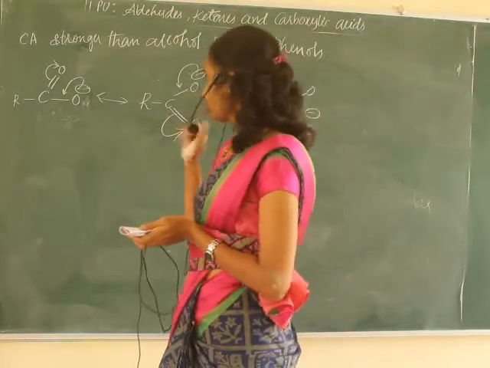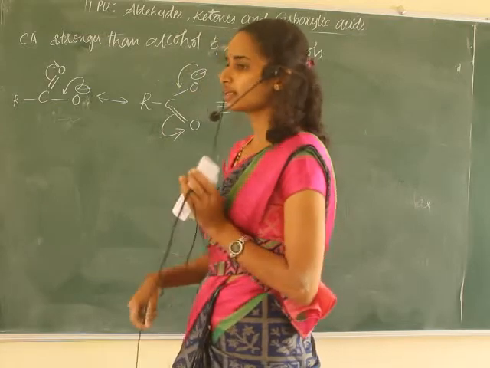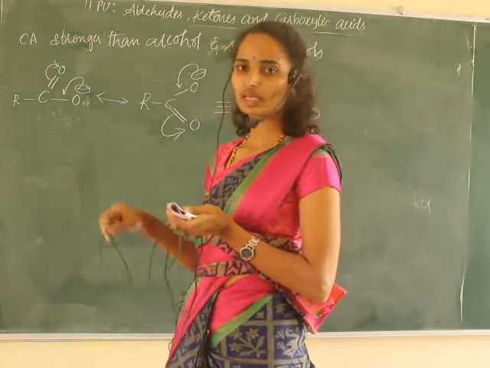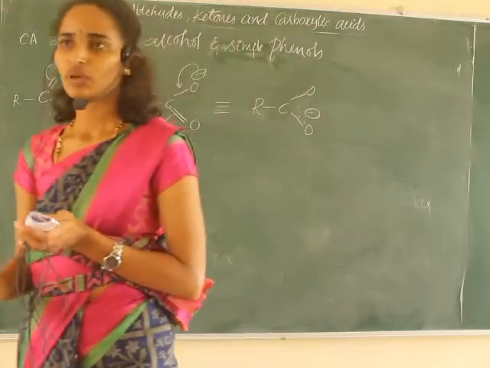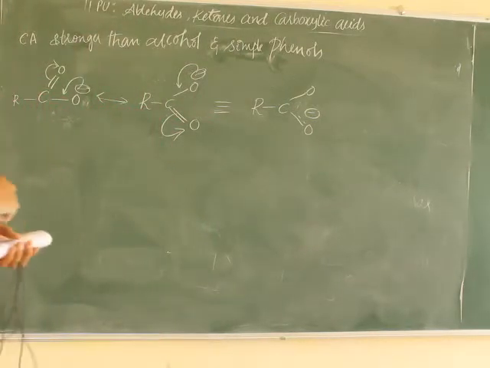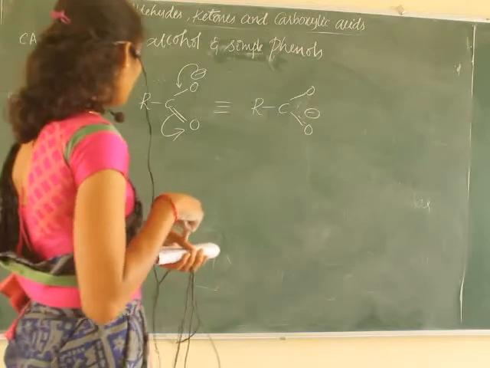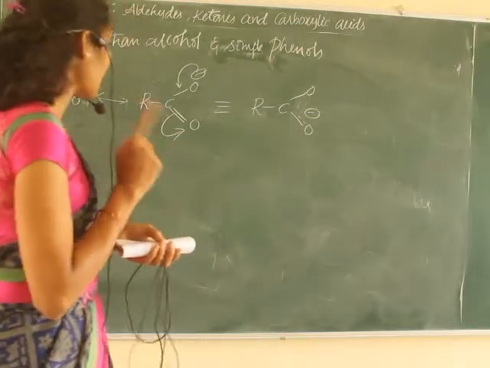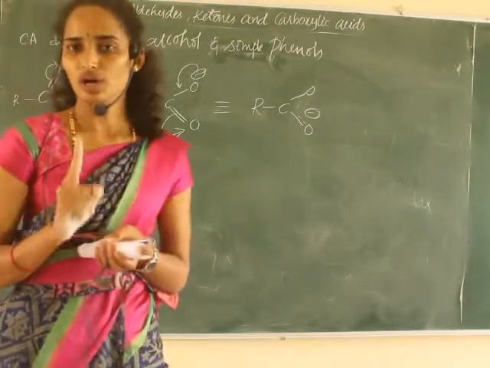Hence, carboxylic acid shows stronger acidity compared to phenols due to equivalent carboxylate ion resonance structures, which are stabilized, with negative charges on the more electronegative oxygen atoms.